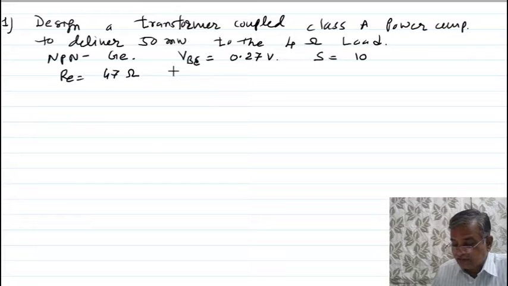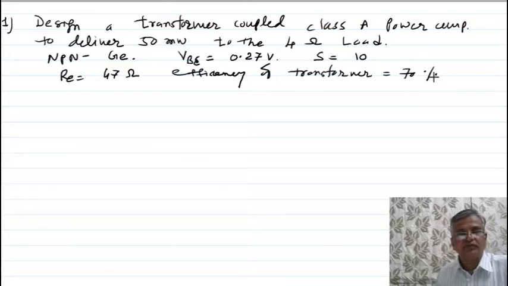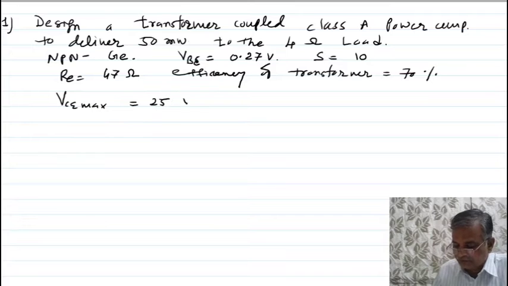Take efficiency of transformer as 70%. I'll explain what the efficiency of transformer is. Now, for a given transistor, VCE max is equal to 25 volt.